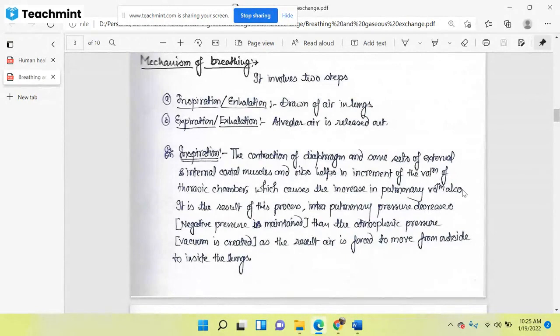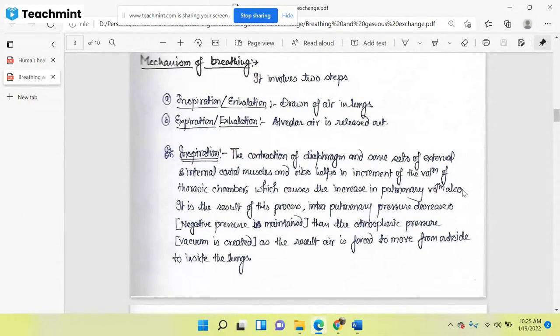So a negative pressure will be created due to expansion of this thoracic chamber, and due to this negative pressure... whenever you see the term pulmonary, it means we are talking about the lungs. So there is an increase in pulmonary volume. When the volume of the rib cage increases, the volume of the pulmonary system also increases.